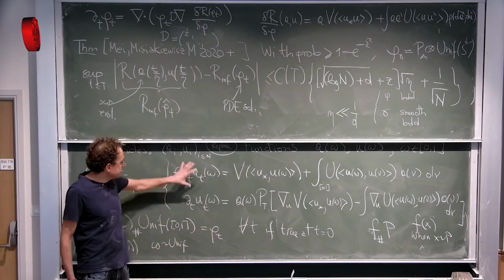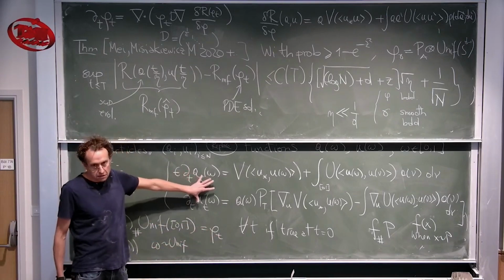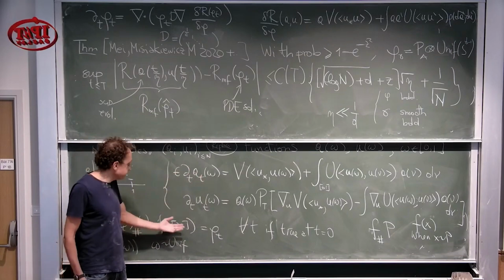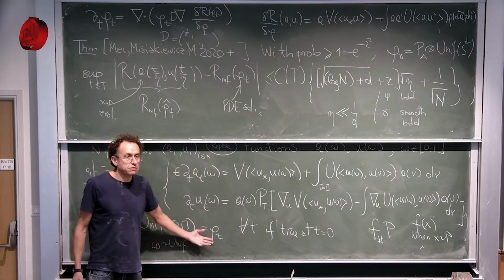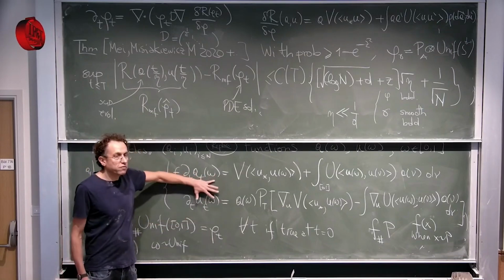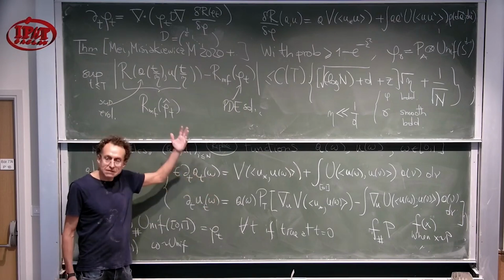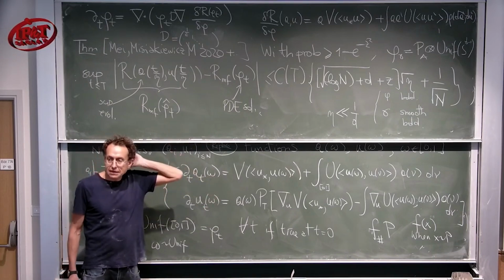So if you arrange the initialization in such a way that you match the distribution at the beginning, then you can evolve this, and you get it right at any time.